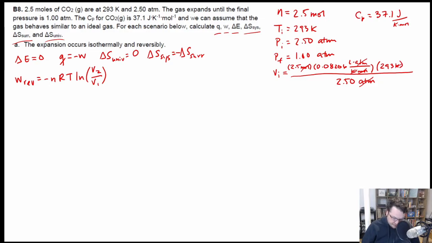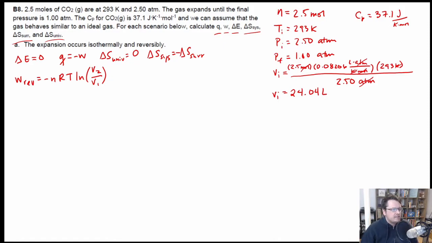Plugging this into the calculator, we have 2.5 times 0.08206 times 293 divided by 2.5. What we get is an initial volume of 24.04 liters.